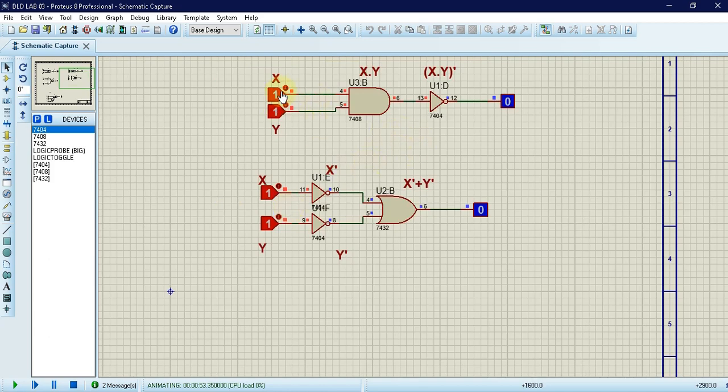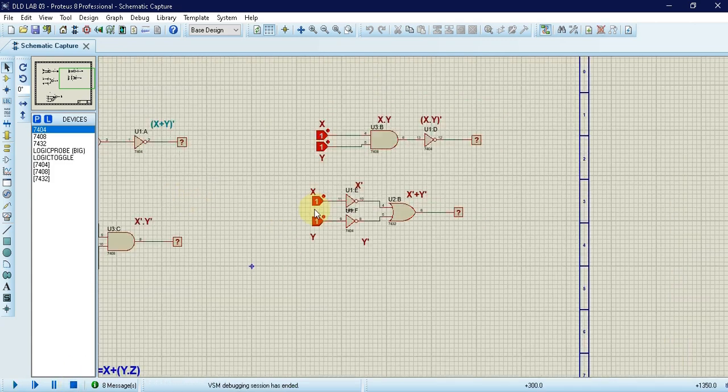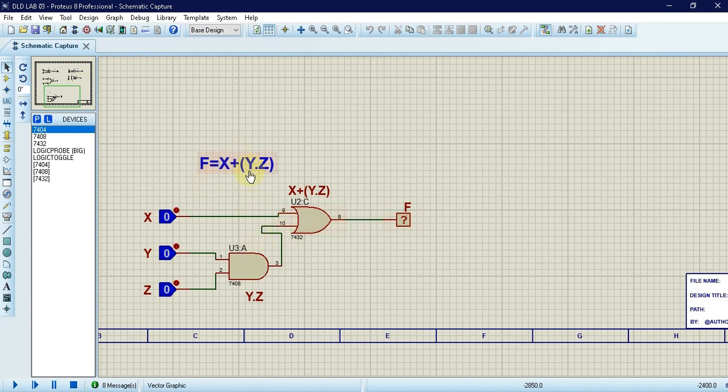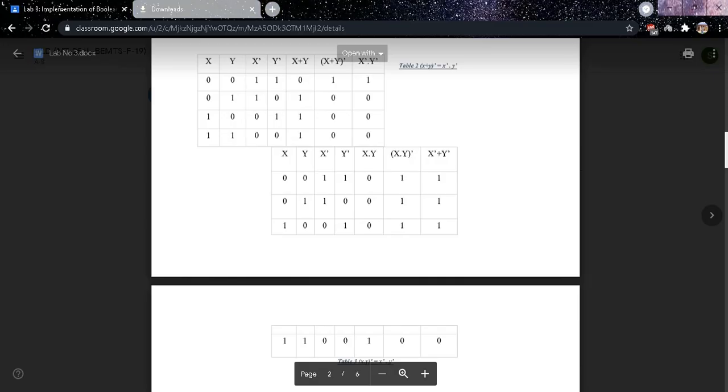Here we can see that when both of our inputs here and both of our inputs here are 1 and 1, our outputs are 0. So that's how we verified De Morgan's law, and this is just an implementation of a Boolean expression or Boolean arithmetic equation, we can say.